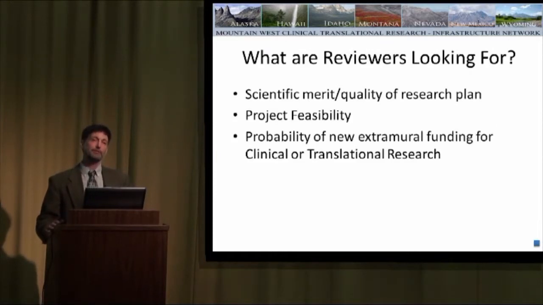So now we're going to get into a description of what the reviewers are looking for when the pilot grant application is submitted. Three main components that we'll be discussing in a little more depth are the scientific merit, quality of the research plan, project feasibility, and then also probably something that's of greatest importance is the probability that the pilot grant proposed will lead to new extramural funding for CTR, clinical translational research.